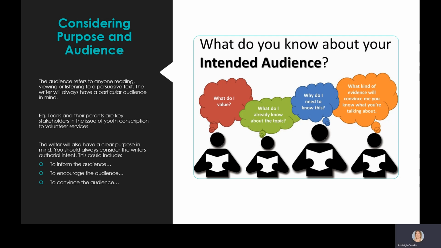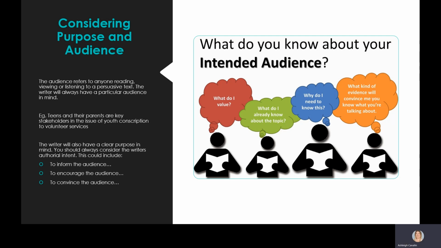For example, in the issue of youth conscription, teens and their parents are key stakeholders in the issue of youth conscription. Now, some of these pieces are also geared towards politicians or people from the government in key decision-making positions. So you have to think carefully, who are the stakeholders and why are particular stakeholders targeted?